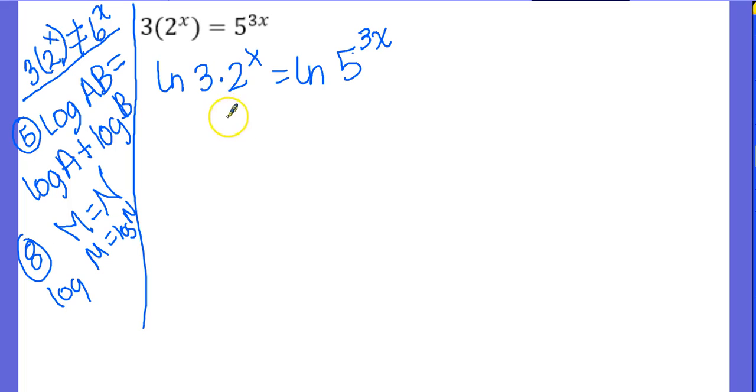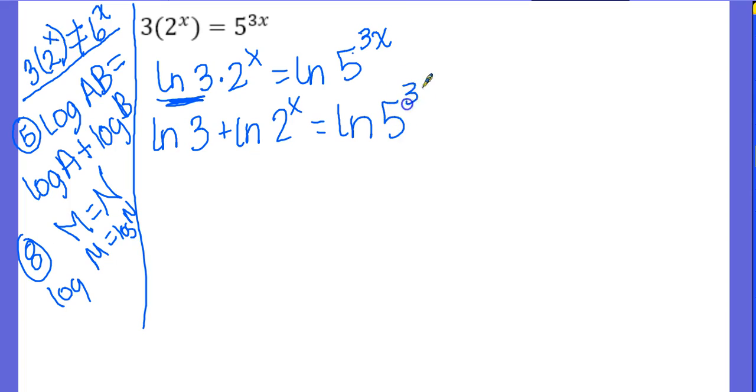Then I am going to expand because this log of 3 doesn't contain an x. I want to keep it separated from these logs that do contain an x. So I'm going to use log property 5 that says the log of a product is the same as the sum of the logs. Okay, so I used property 8, then I used property 5.